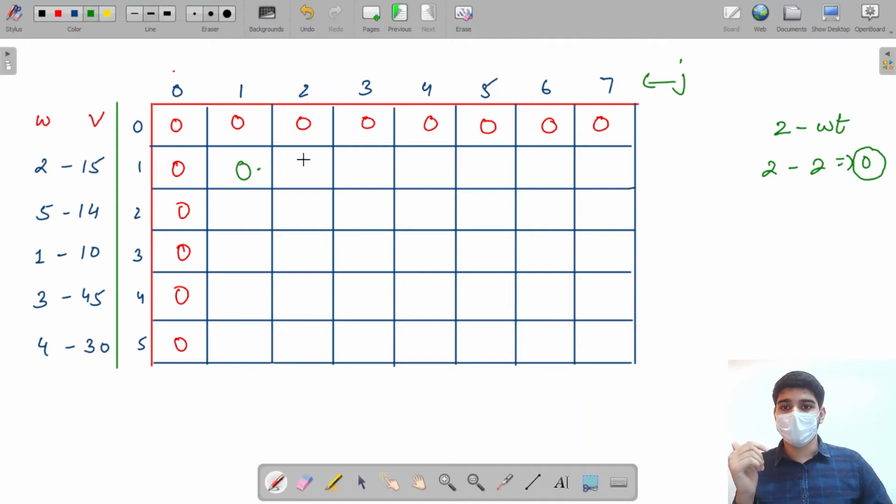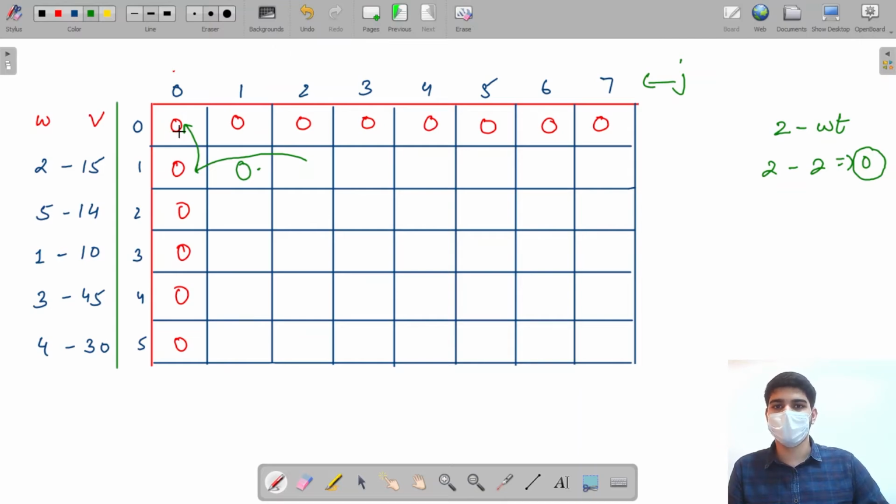So I would go 2 steps back, which is my weight, and check the previous row. The previous row contains the maximum values generated when I wasn't included in the answer, right? As I'm including myself already, I have to check the maximum value when I was not included, and for that I check the previous row, right?